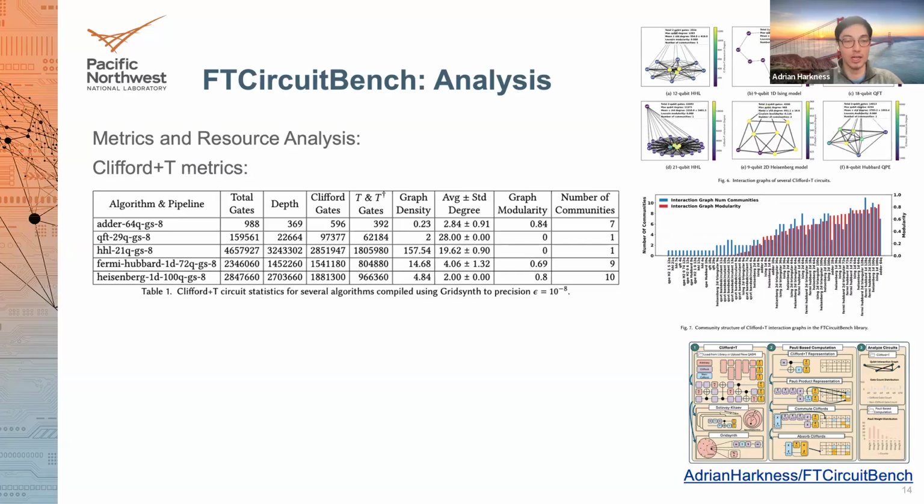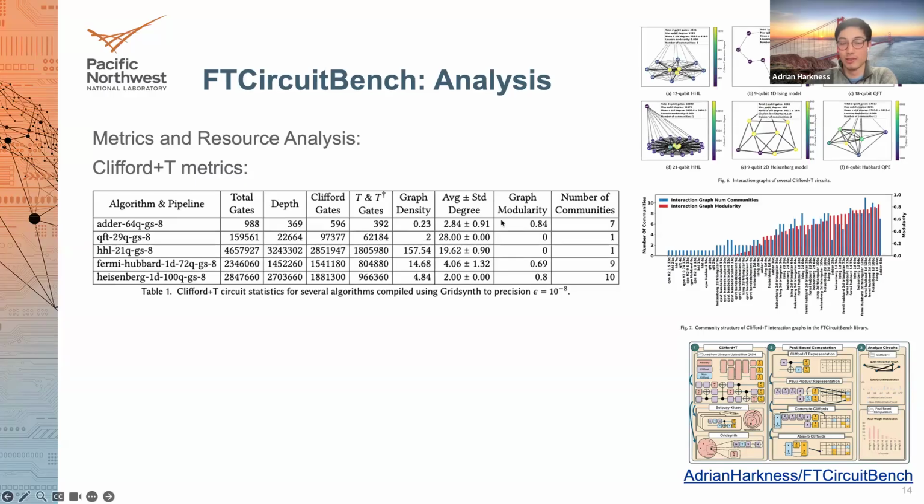So this measures the entanglement structure of your circuit, you can think of. Statistics on this interaction graph can be quite revealing for things like how you're going to partition this circuit into maybe a distributed quantum computing scheme.